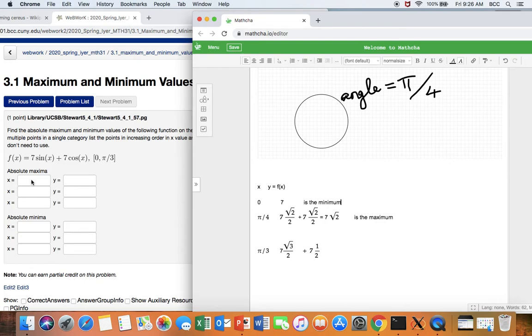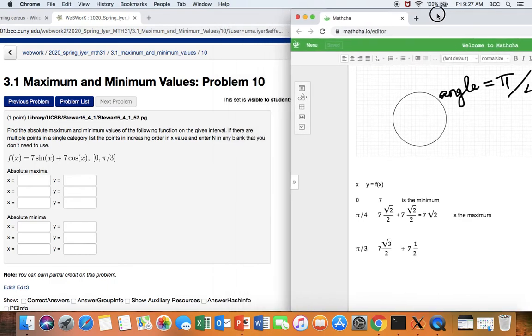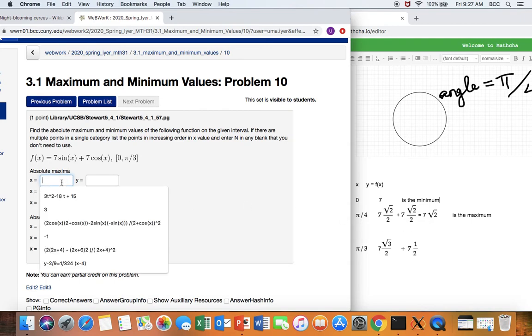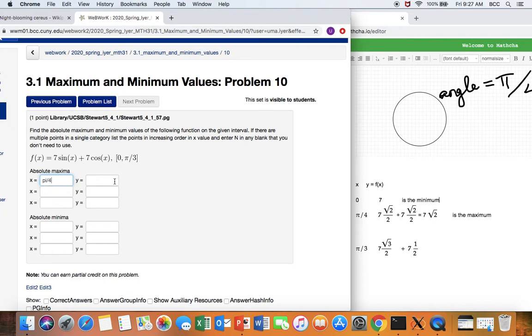Let's see, they first want absolute maxima. For maxima, x is pi over 4. This is how you type it in WebWork, simply pi over 4. And y is 7 square root 2.